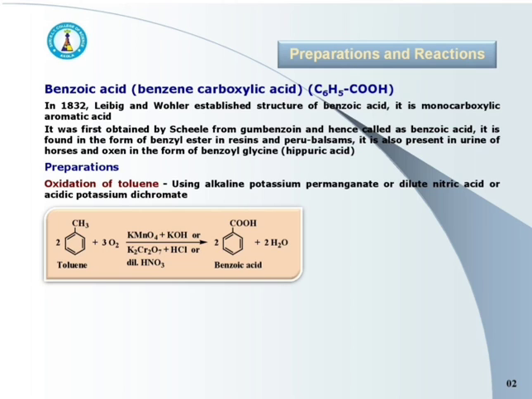See the reaction here. CH3 gets oxidized to COOH. For this conversion, the oxidizing agents used are either alkaline KMnO4, acidic K2Cr2O7, or dilute HNO3. Toluene gets oxidized to benzoic acid. This is the first preparation related to benzoic acid.